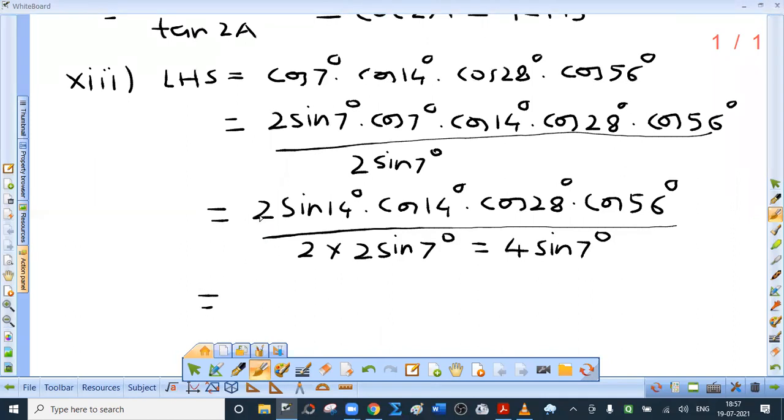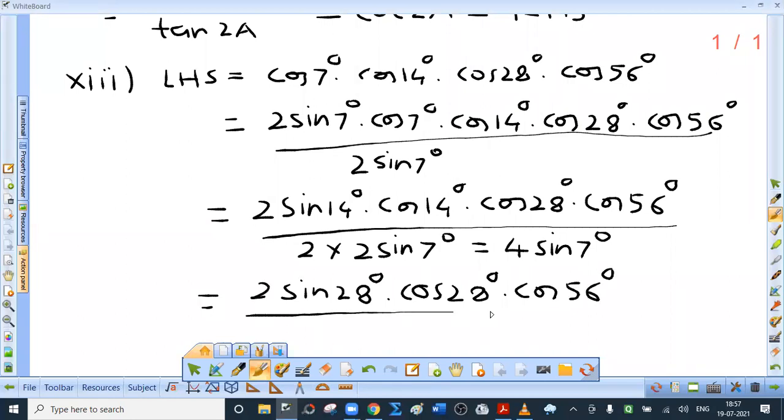See, what is 2 sin 14 cos 14? Let me explain. Sin 28 degree into cos 28 degree into cos 56 degree. Now in the same step, I am multiplying numerator by 2 and therefore the denominator. What is the denominator? Original 4 sin 7 degree.